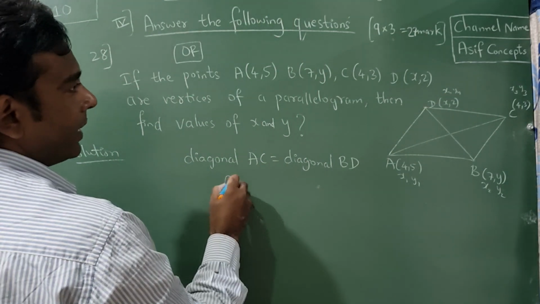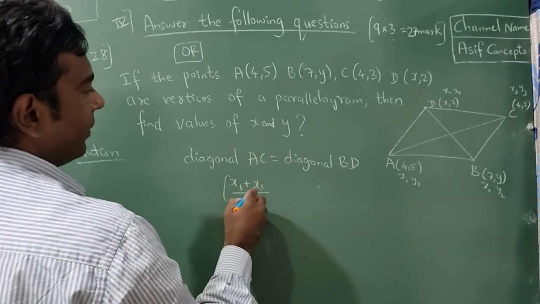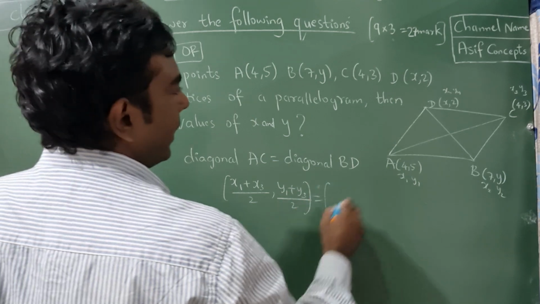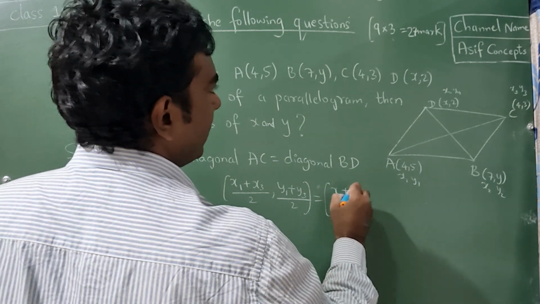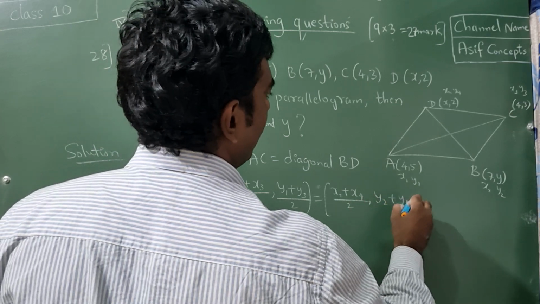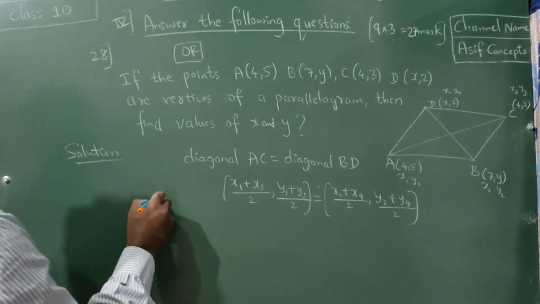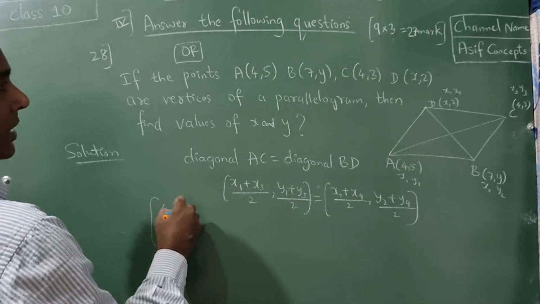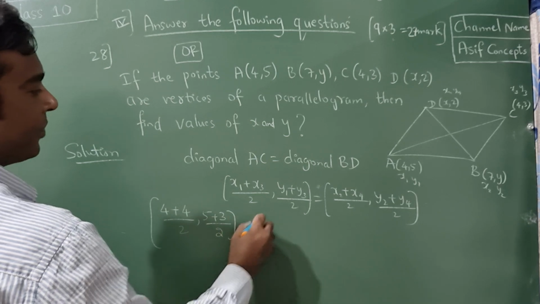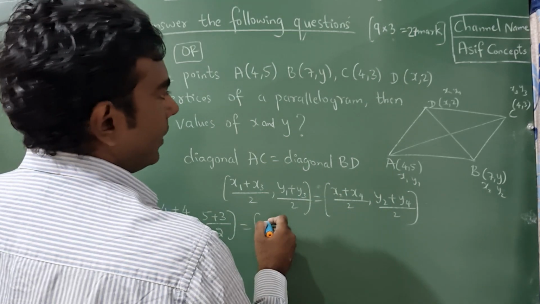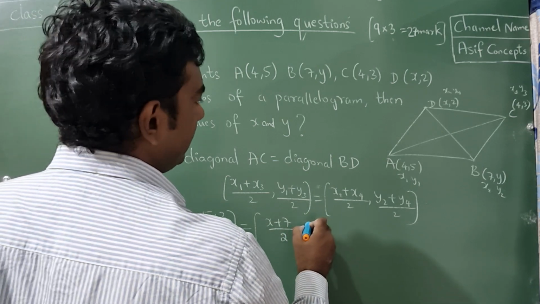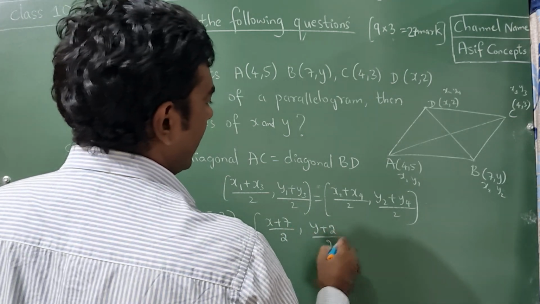If it is AC, then it is x1 plus x3 divided by 2, y1 plus y3 divided by 2, and here x2 plus x4 divided by 2 and y2 plus y4 divided by 2. Okay, 4 plus 4 divided by 2, 5 plus 3 divided by 2. Okay, and it will be like x plus 7 by 2 and y plus 2 by 2.